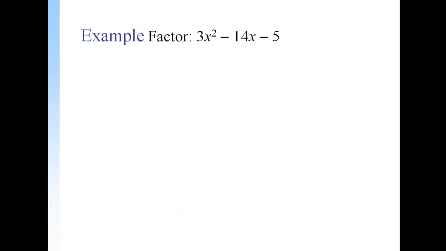Another method that we'll be using toward the second part of this is called the AC method, where we take the A and the C of our quadratic equation, and I will show you that in some detail. So as we look at this example, this is very typical of what we're going to be doing.